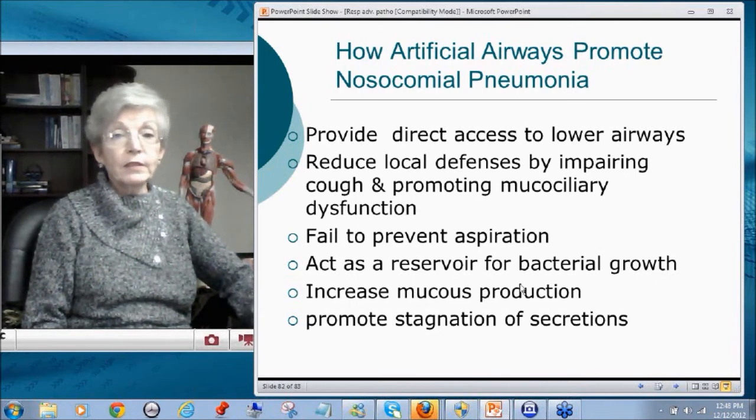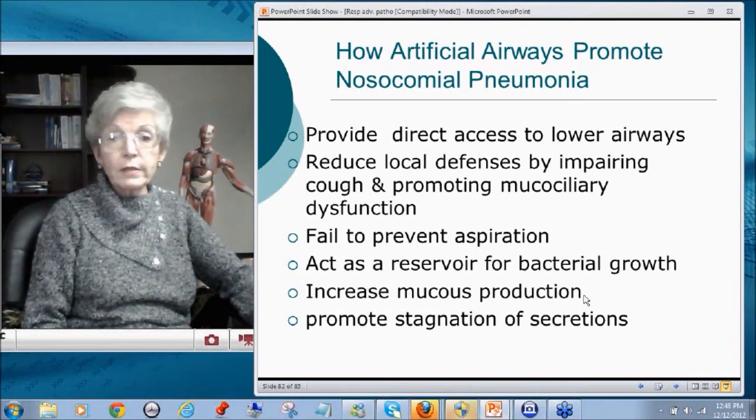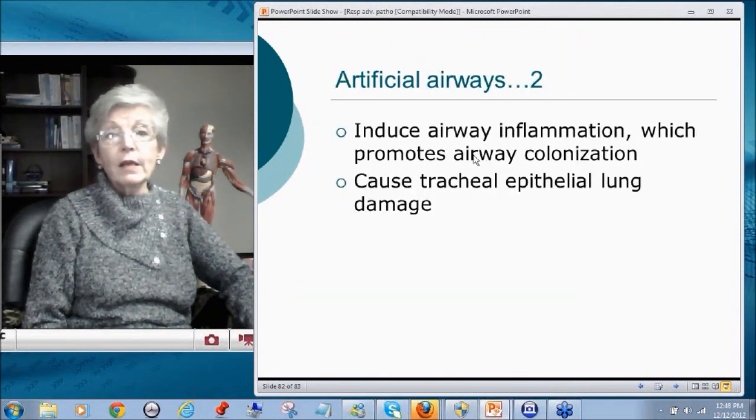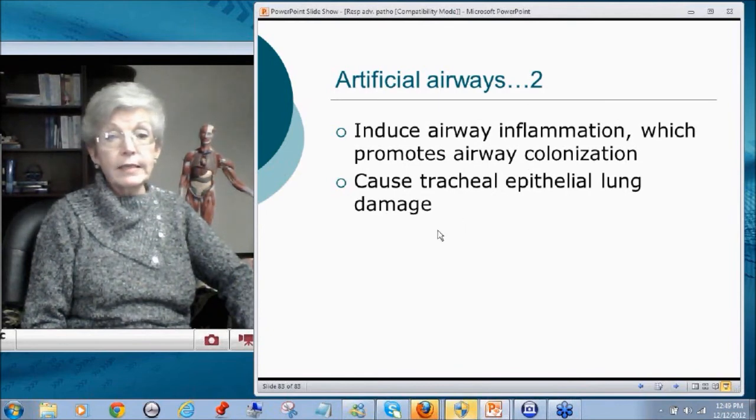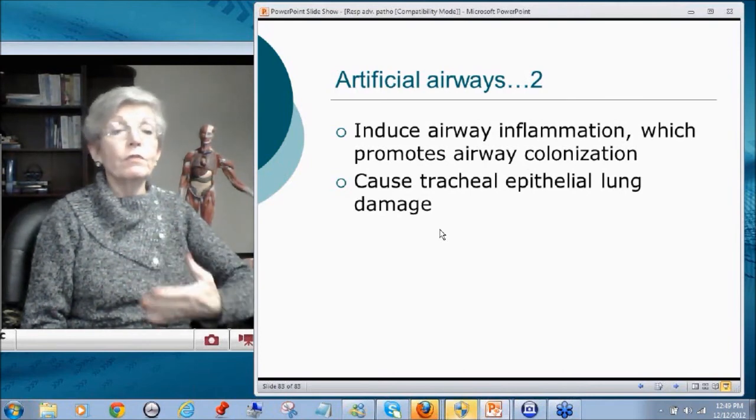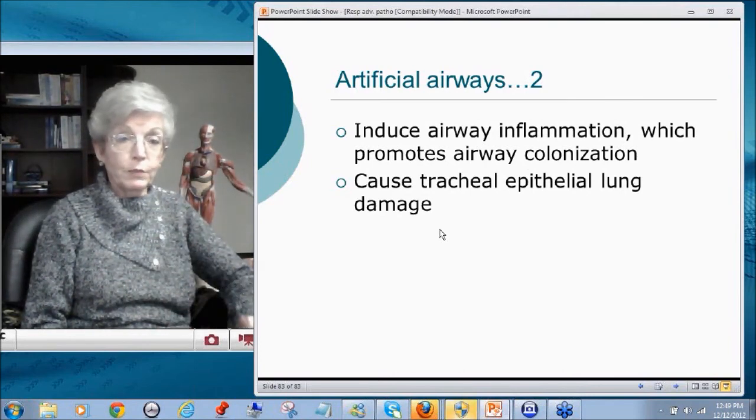There's an increase in mucus production because you have a foreign object in there, and it promotes stagnation of secretions as well. So it induces airway inflammation, promoting airway colonization, causes tracheal epithelial lung damage, and so the long and the short of it is that airways do not prevent aspiration nor damage nor pneumonia.